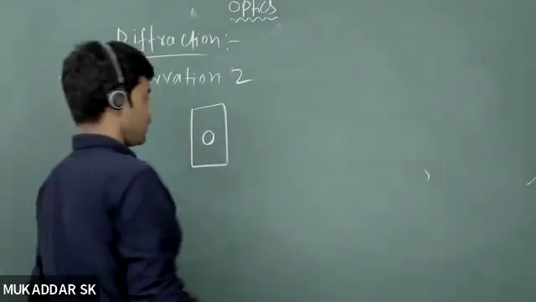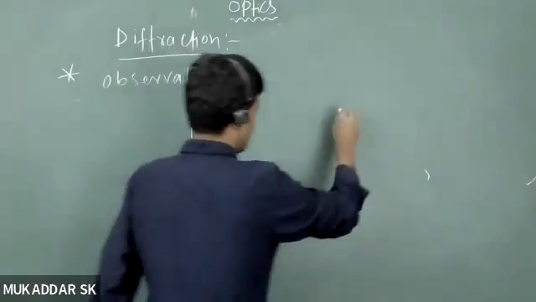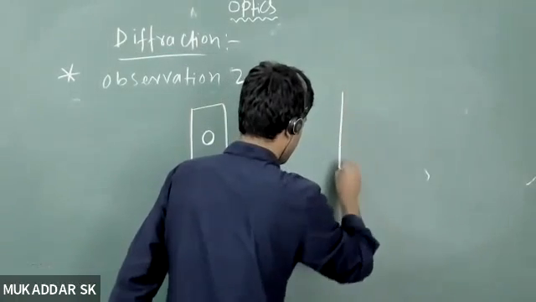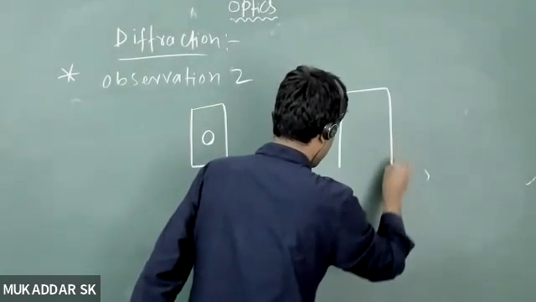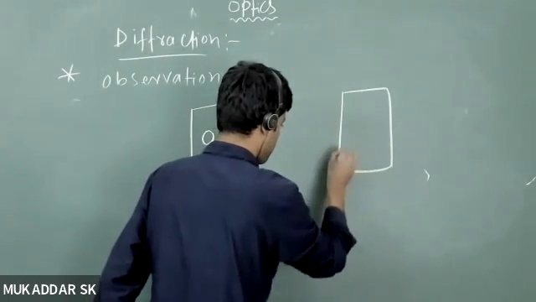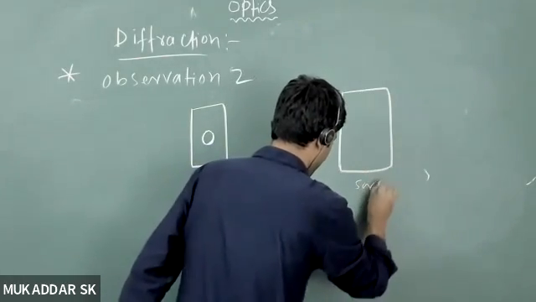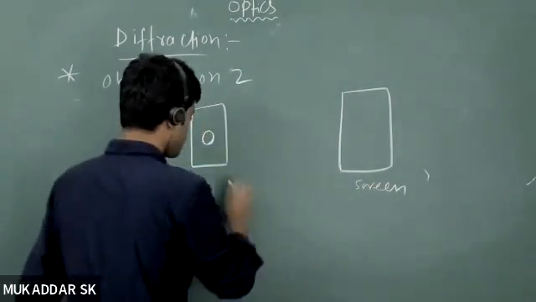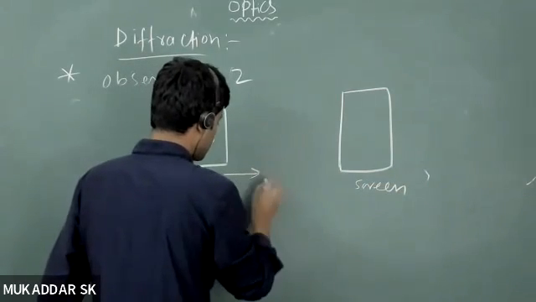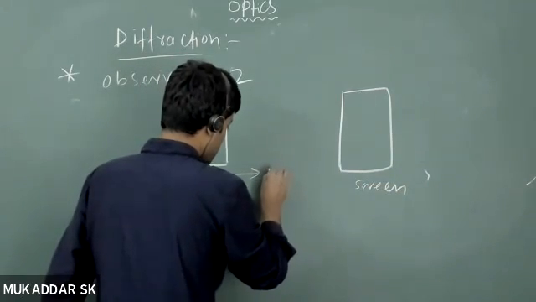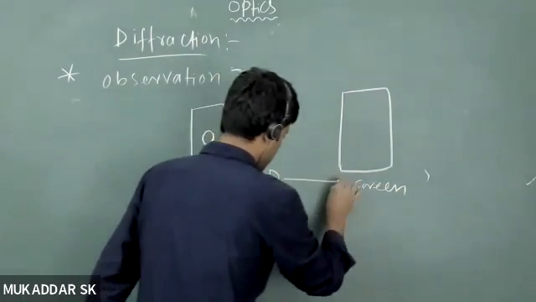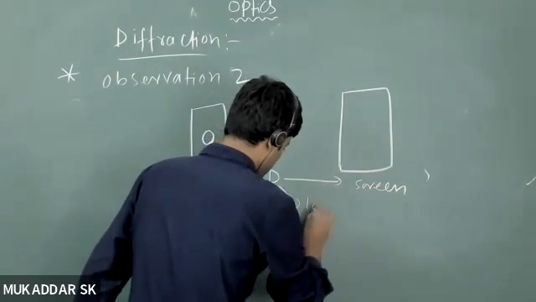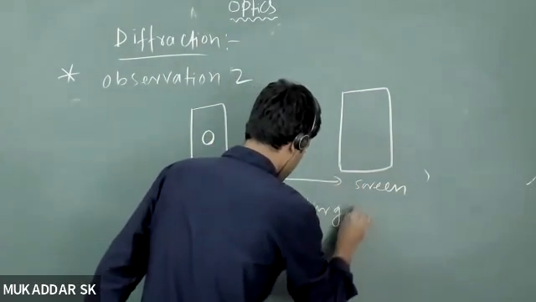Okay. This is your plate, and this is your screen. Also, the separation between that plate and screen, that is large. D is large here.